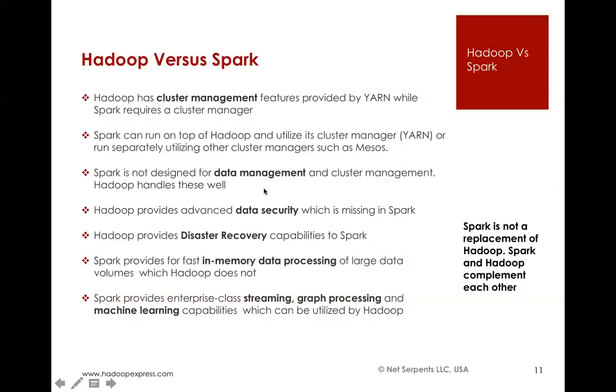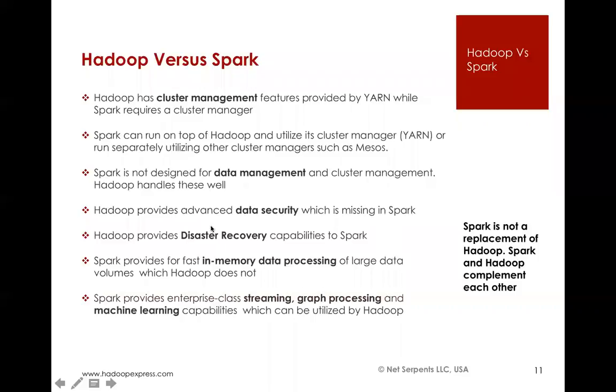Spark is not designed for data management and cluster management, which are handled very well by Hadoop. Hadoop provides some advanced data security. This is missing in Spark. Hadoop can use something called Kerberos, which is security software. So essentially, Hadoop has some security aspects that can be borrowed, and when you run Spark with Hadoop, you get the advantage of those data security features as well.